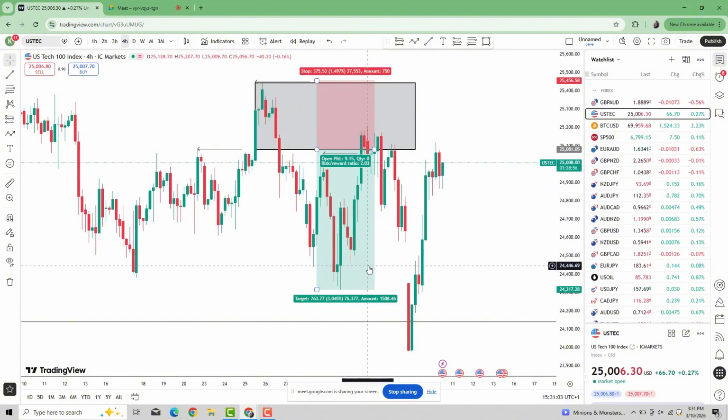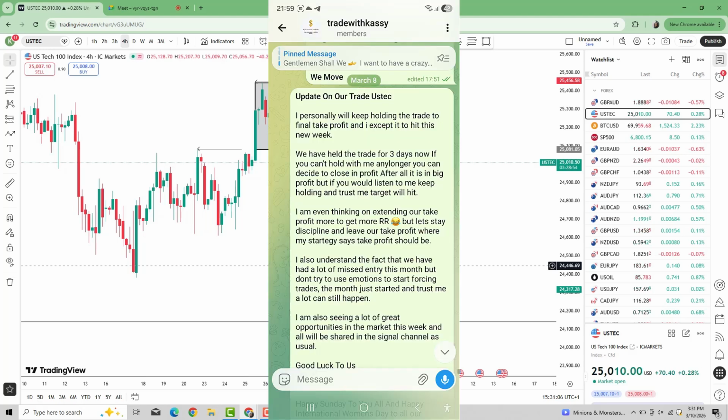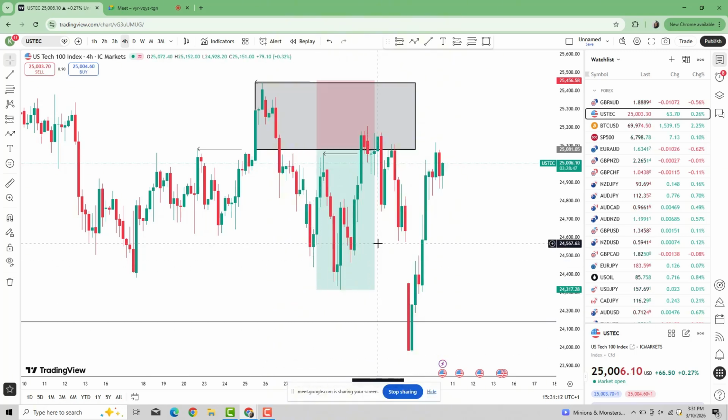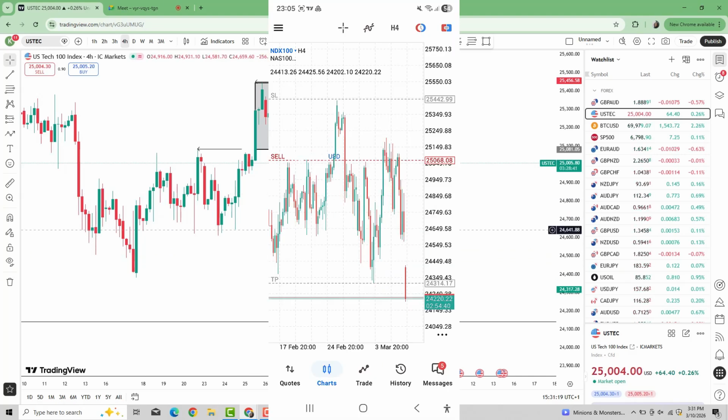Like I said, this was when I was telling them, and I told them also, if you can hold this trade to final profit. You can see how everything later played out and hit the final target. This was when the trade hit final profit.